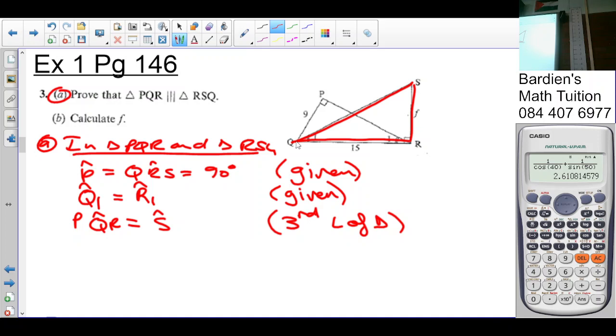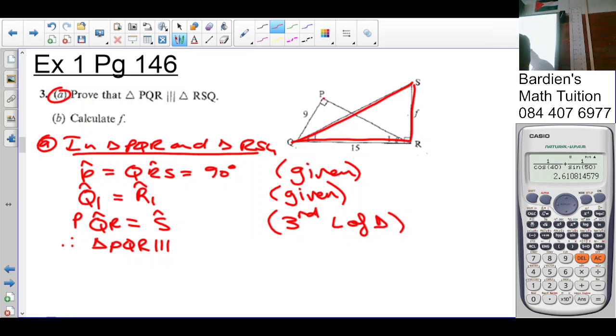Is that enough to conclude similarity? Yes. Absolutely. So therefore, triangle PQR is similar, and most of the time the order is correct.